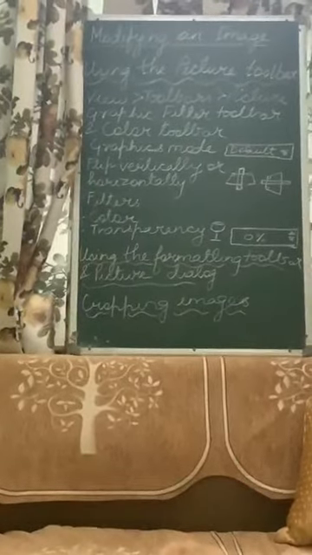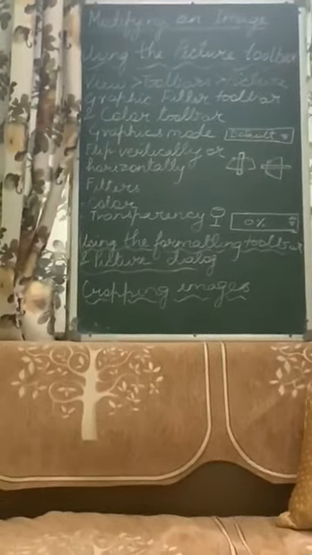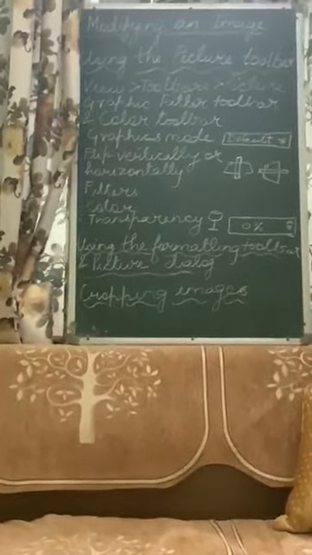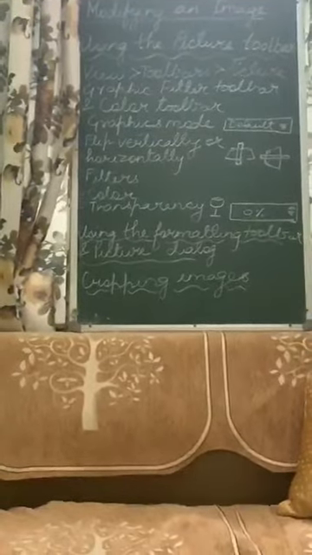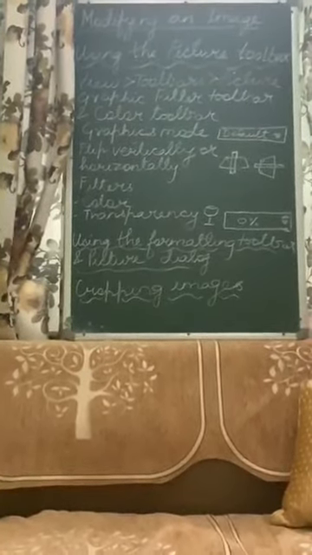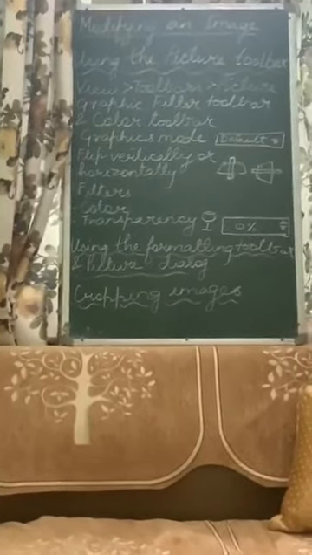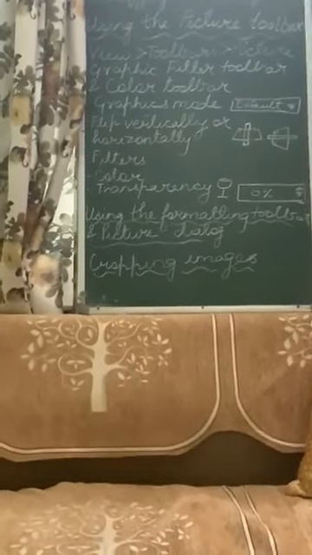The other way is using the formatting toolbar and picture dialog. When an image is selected, you can customize some aspects of its appearance using the formatting toolbar. So how will the formatting toolbar be shown? You right click on the image and select picture.